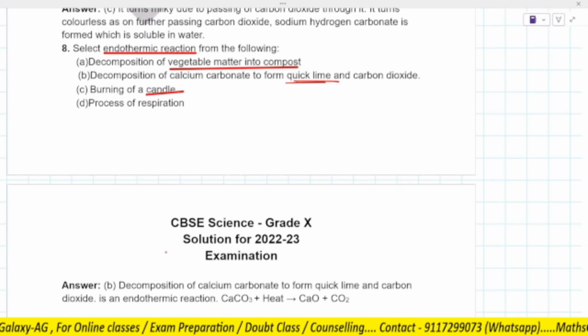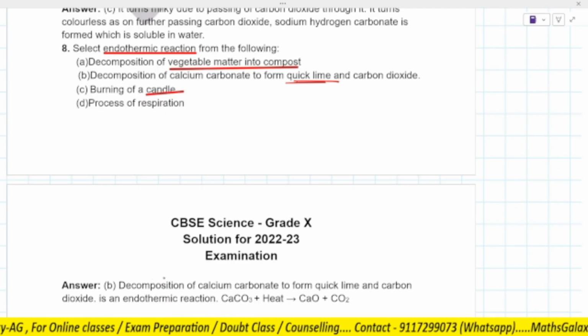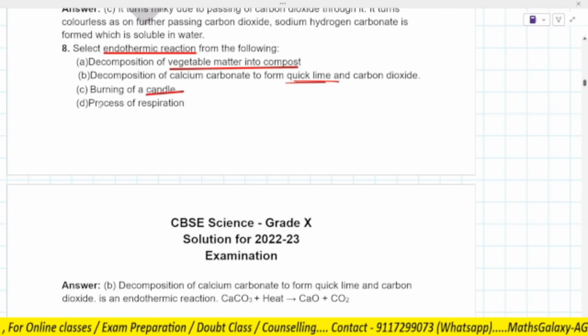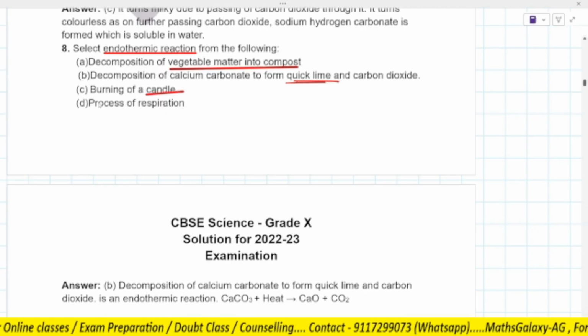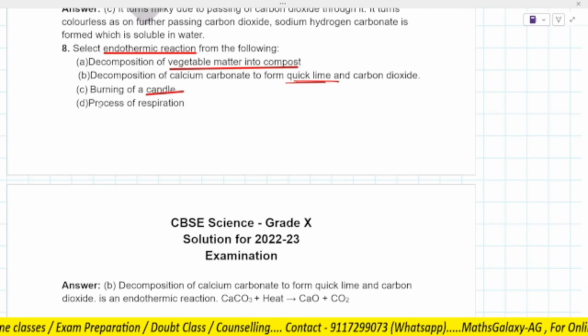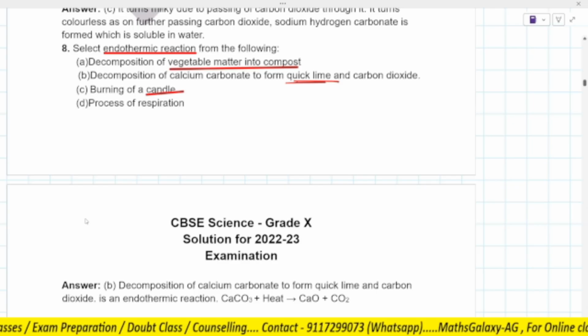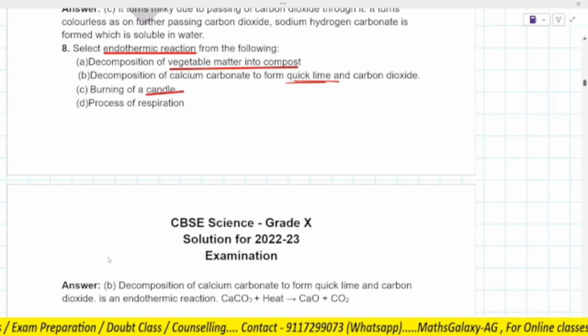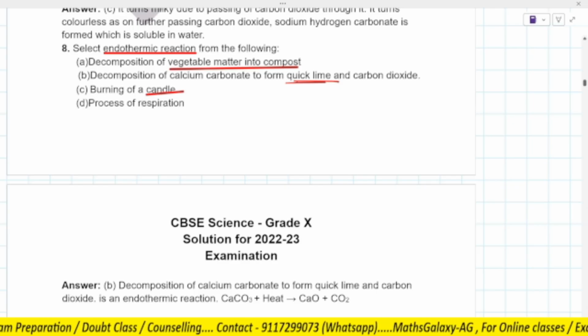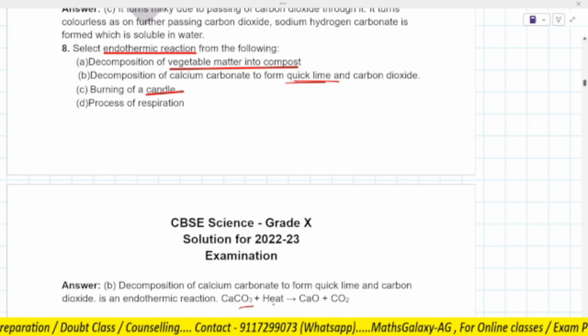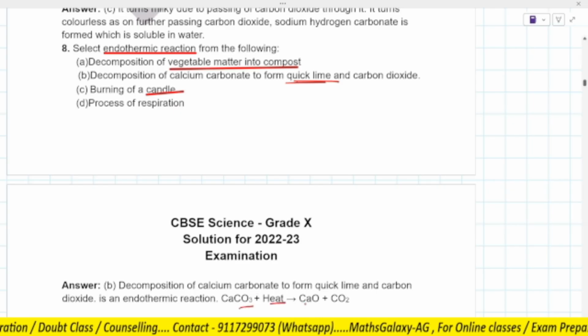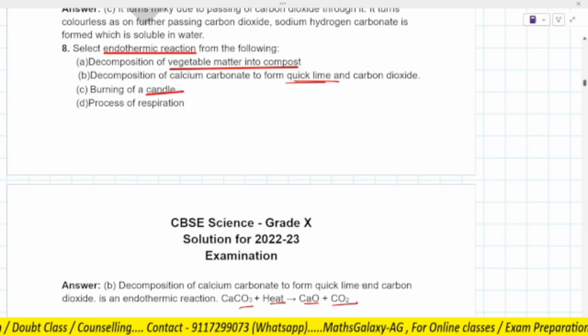Okay, yes, you are correct. So decomposition of calcium carbonate to form quick lime and carbon dioxide is an endothermic reaction, right? And here the reaction given is CaCO3. When it is heated, it will produce CaO plus CO2, right?